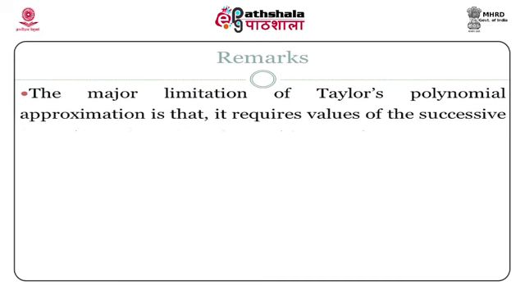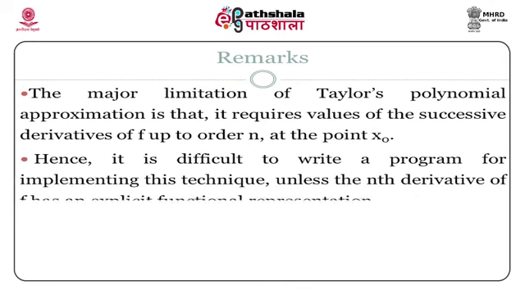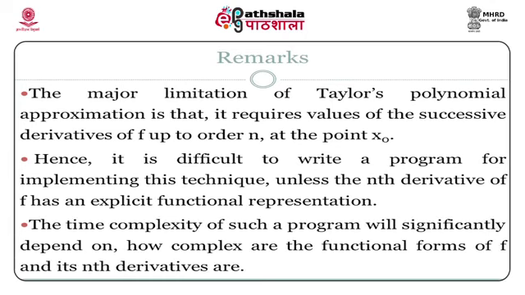The major limitation of Taylor's polynomial approximation is that it requires the values of the successive derivatives of f up to order n at the point x0. Hence, it is difficult to write a program for implementing this technique unless the nth derivative of f has an explicit functional representation. The time complexity of such a program will significantly depend on how complex the functional forms of f and its nth derivatives are.